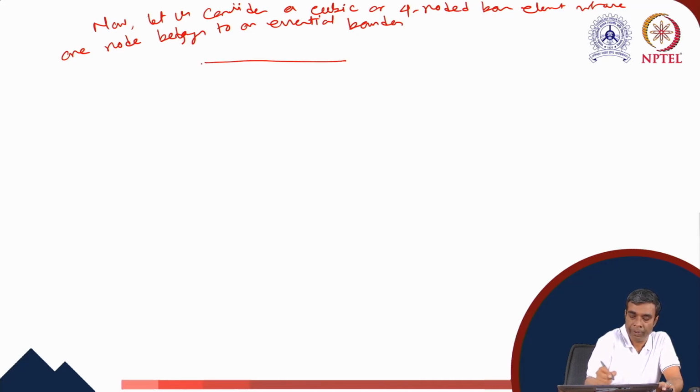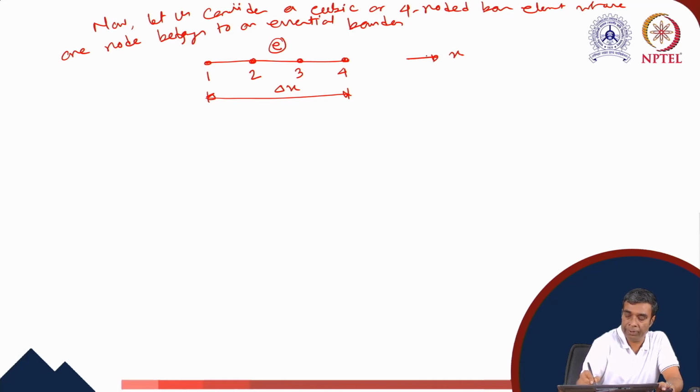So this is the cubic element. It has 4 local nodes, local node 1, 2, 3 and 4. This is element E and this is delta x. This is the x direction. So this point belongs to gamma g. So T4E equals to Tg, the given temperature.